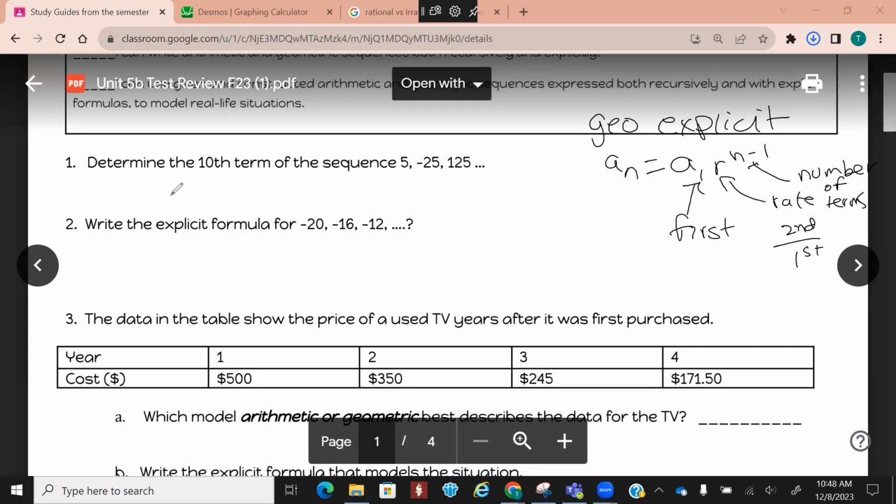So what's the first term in the sequence? And then what's our rate? Well, if we take -25 and divide it by 5, what do we get?